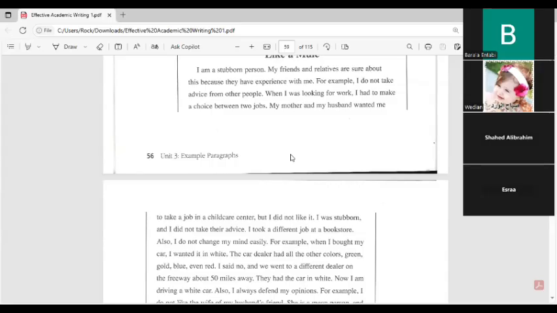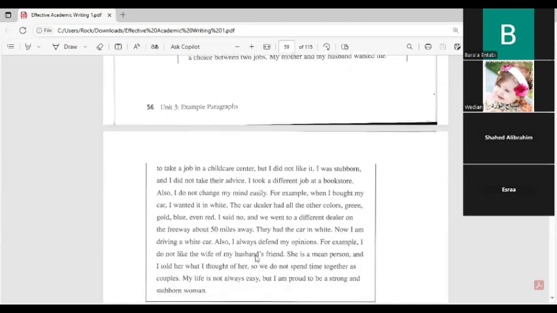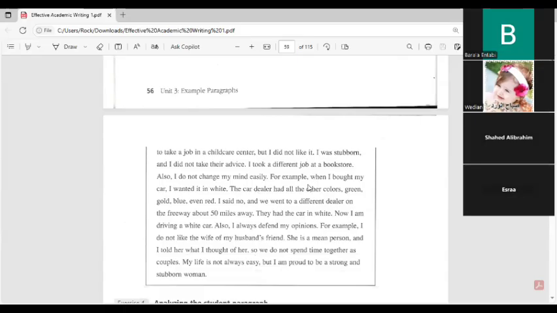So in this example paragraph, the author added example number one about work or jobs, and she added another example about the car, that she's stubborn to have a white car. This is another example to convince the reader that she is stubborn.